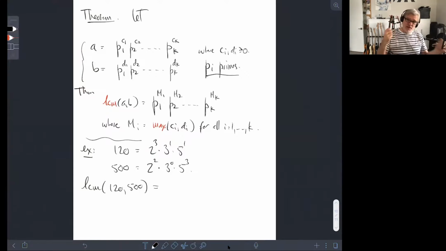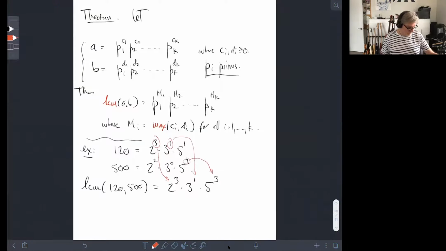And if 120 is going to divide it, then 2 had better be at the power at least 3. Otherwise, it's not going to work. 120 is not going to be a divisor. I need at least 2 power 3. I need at least 3 power 1 because of the one here, right? And I'll need at least 5 power 3 because of the 3 here.